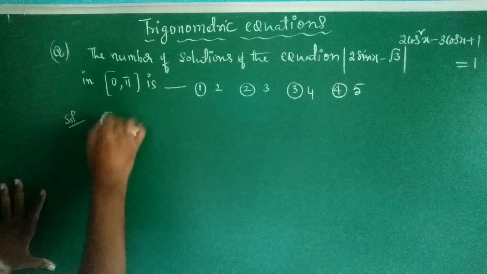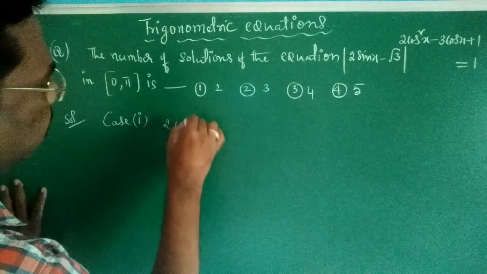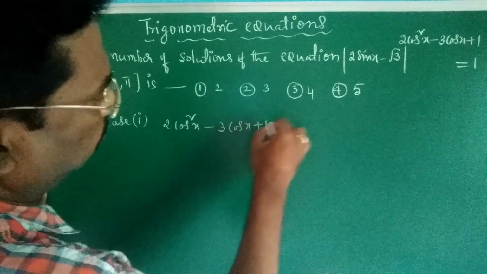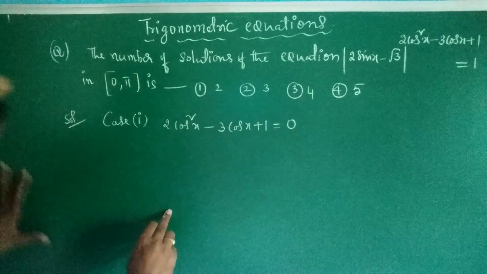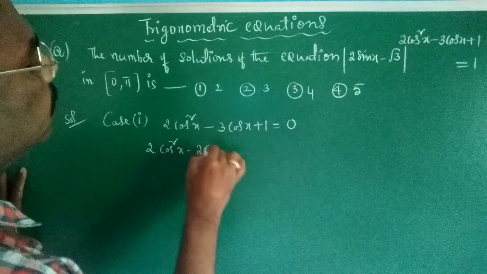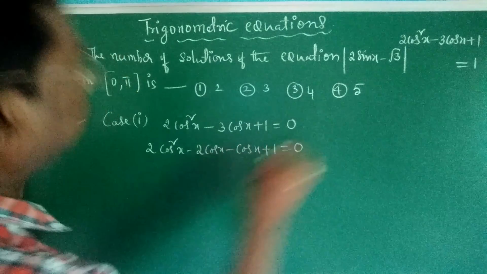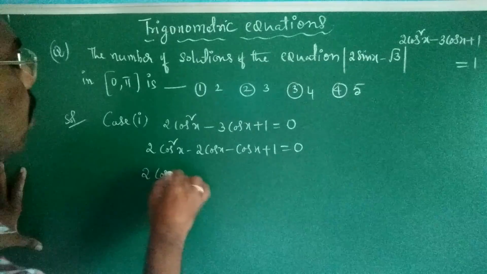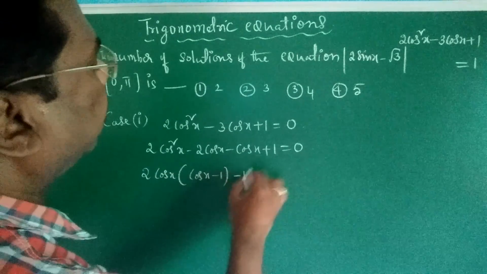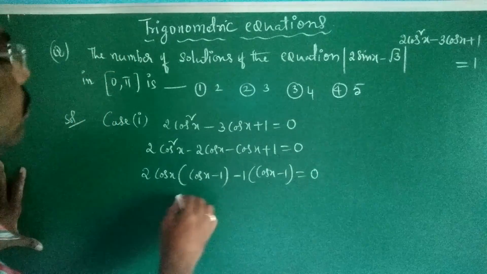Case 1: 2cos²x - 3cos x + 1 = 0. Now 2cos²x - 2cos x - cos x + 1 = 0. Taking 2cos x common, cos x - 1, and taking minus 1 common, cos x - 1 = 0. So (cos x - 1)(2cos x - 1) = 0.